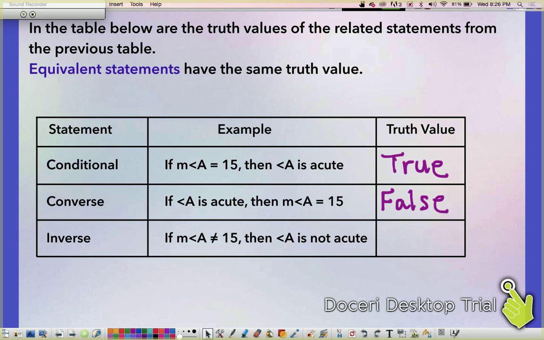So the angle does not have to be 15 degrees to be acute. Could be 60, could be 89, could be 72.5. So then we look at the inverse. If measure of angle A is not 15 degrees, then angle A is not acute. Okay, that is also false because it does not have to be exactly 15 to be an acute angle. And you're going to find if the converse is false, then the inverse will be false. And I hope I said that right.